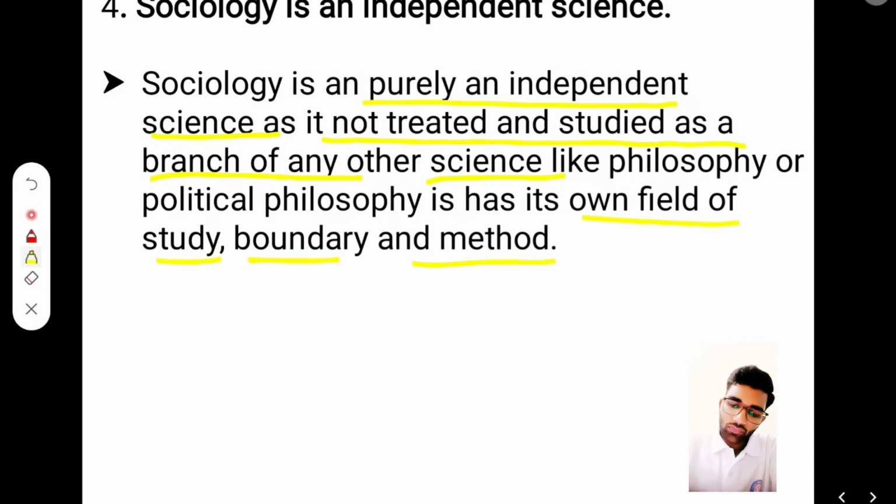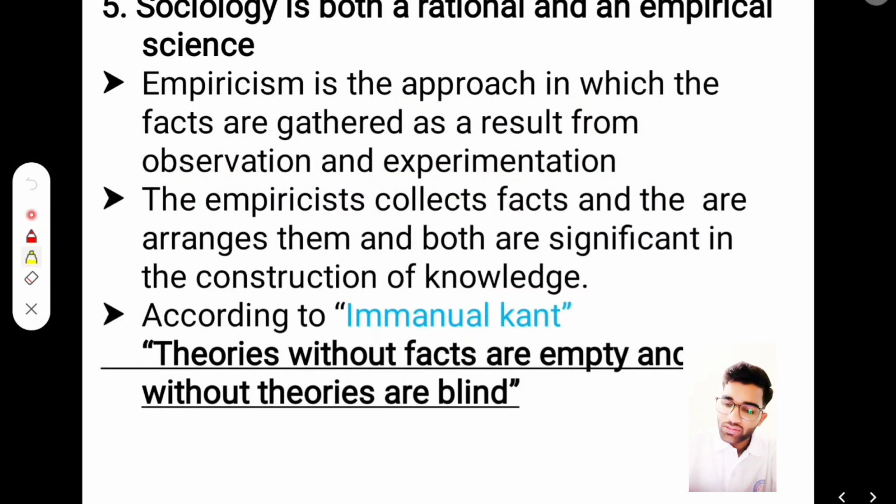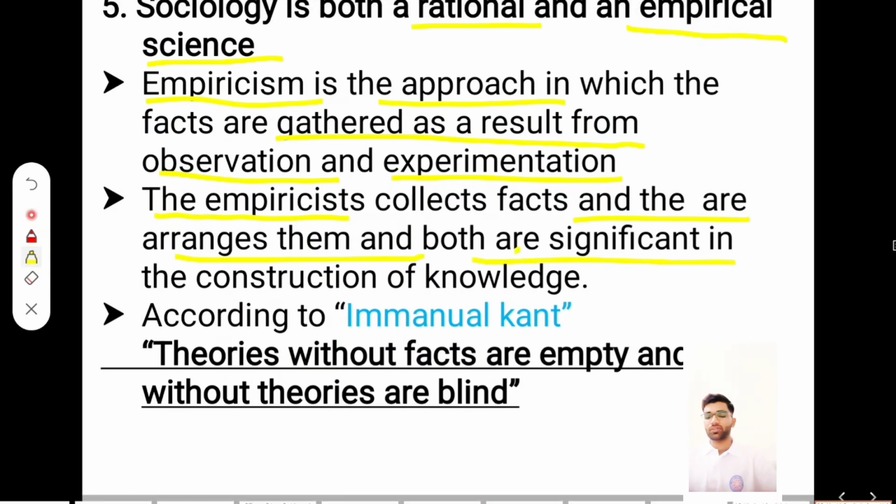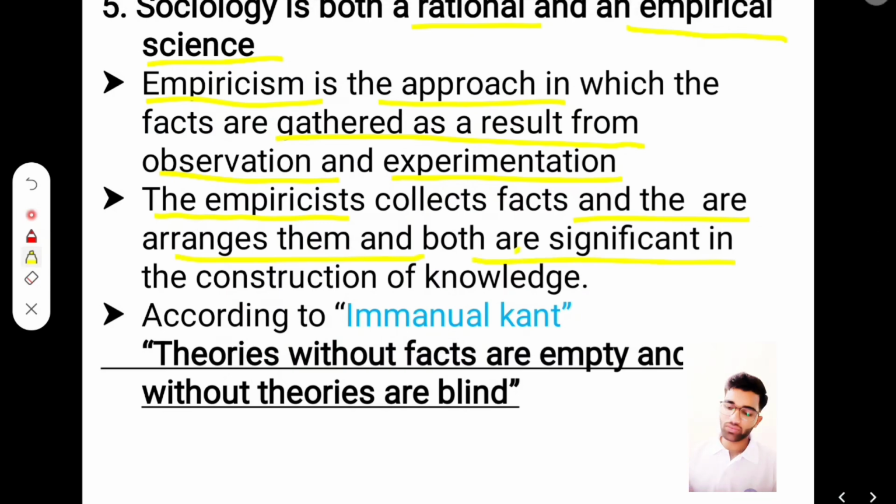Next, the fifth one, sociology is both a rational and empirical science. Empirical is the approach in which facts are gathered as a result of observation and experimentation. The empiricist collects facts and the rationalist arranges them, and both are significant in the construction of knowledge.